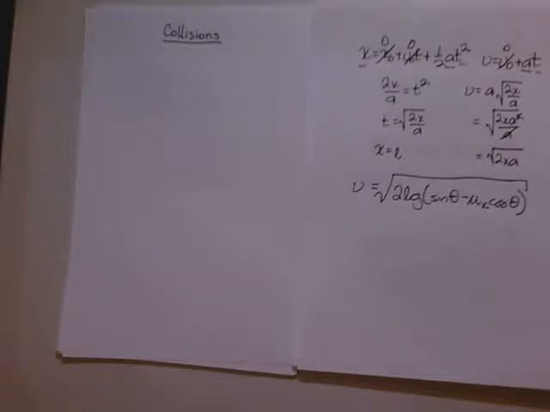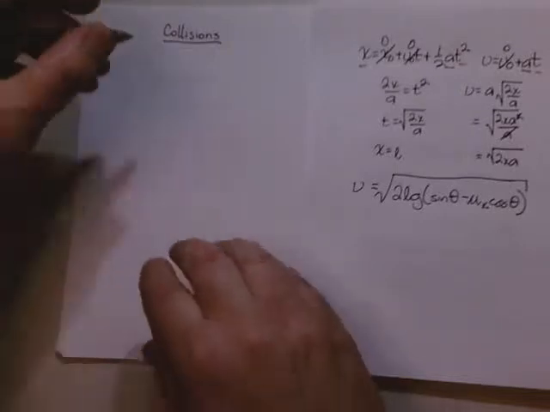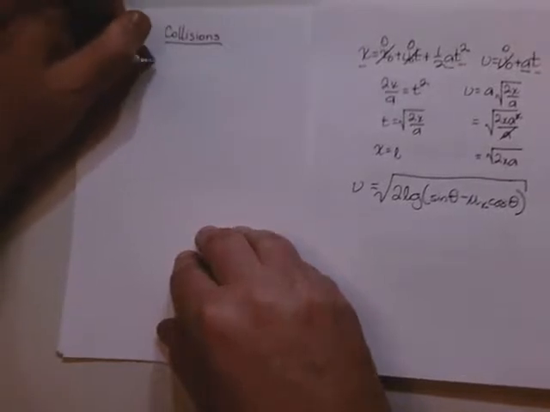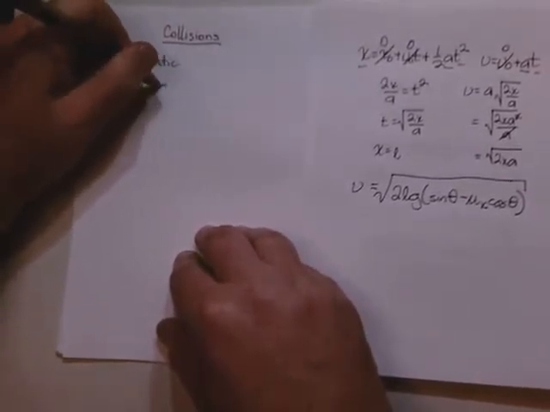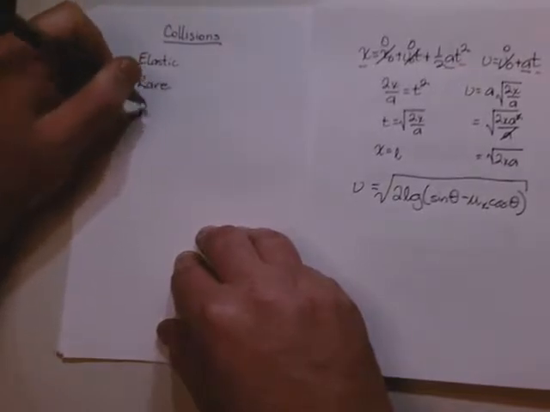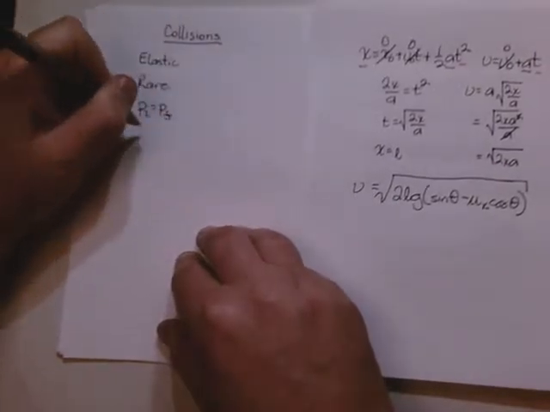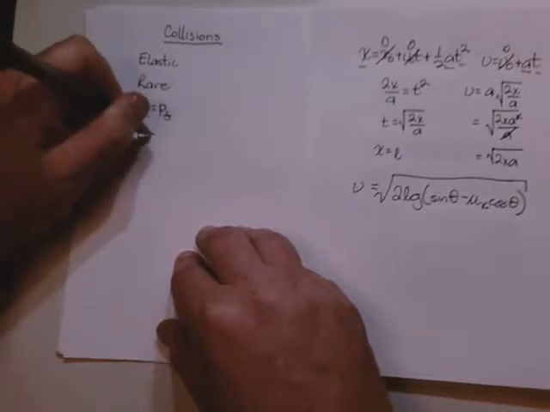My recommendation is that elastic collisions, there's some rough stuff. But what we're going to do is we're going to look at a particular multiple choice where in elastic, they're rare. Momentum is conserved and energy is conserved.